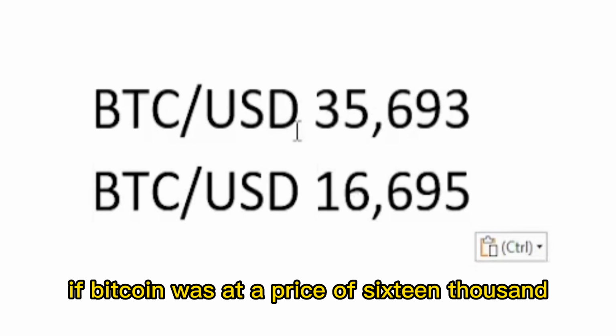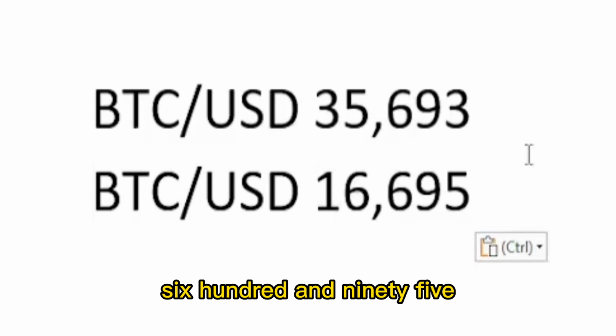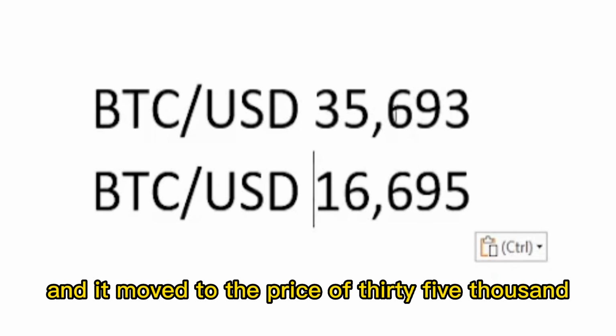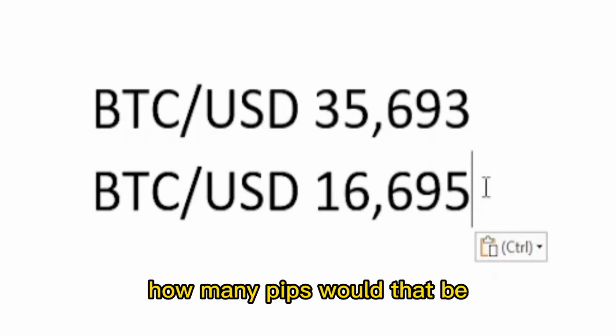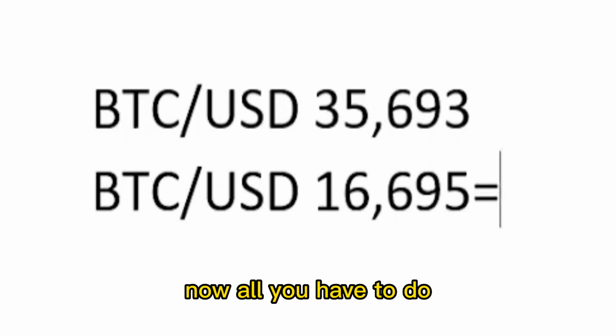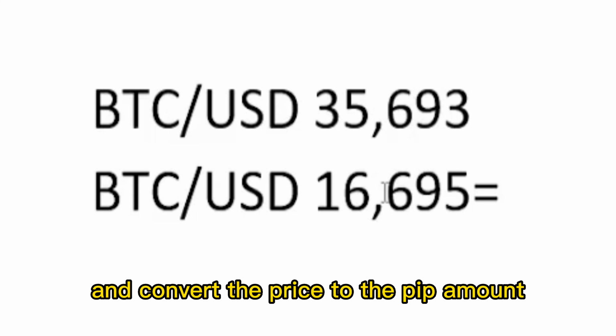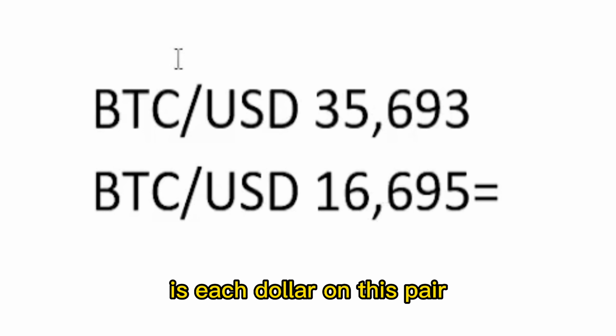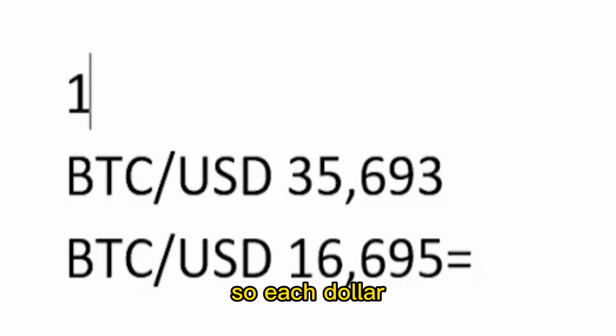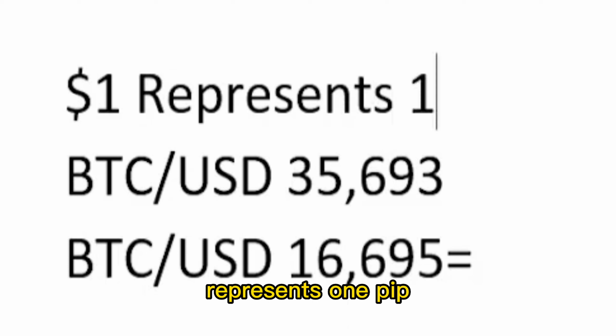All right, if Bitcoin was at a price of 16,695 and it moved to the price of 35,693, how many pips would that be? All you have to do to understand how to count Bitcoin pips and convert the price to the pip amount is this: each dollar on this pair represents 1 pip.